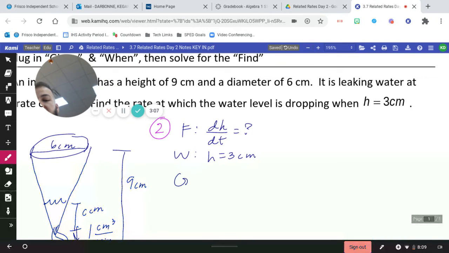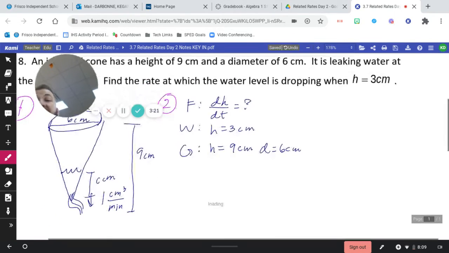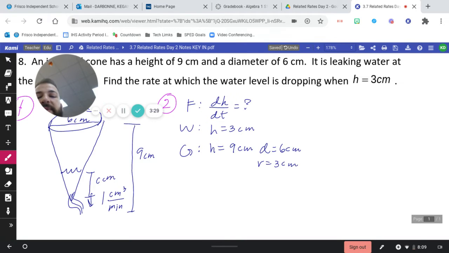Okay, given information. I was told that normally the height is 9 centimeters when the diameter is equal to 6 centimeters. And just because I think we're going to need it for our equation, if the diameter is 6 centimeters, that would make the radius equal to 3 centimeters.